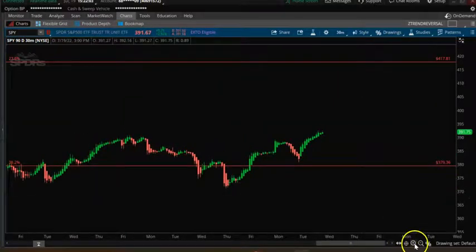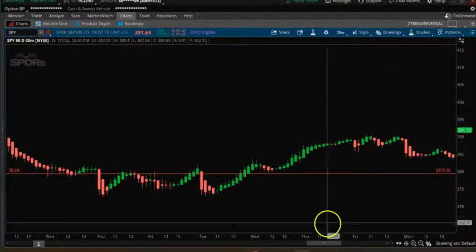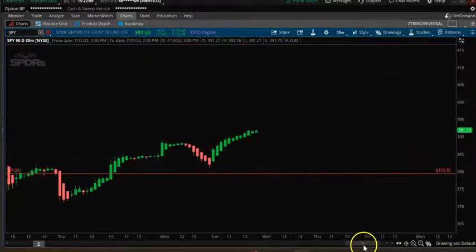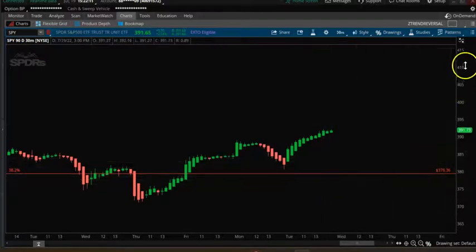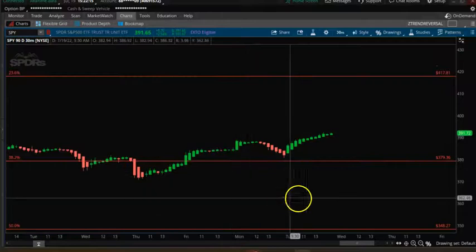So here we are currently here. It's now hovering around this support. Basically it bounced off this support.